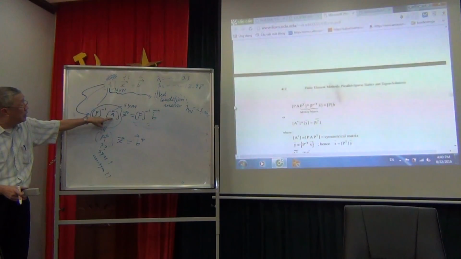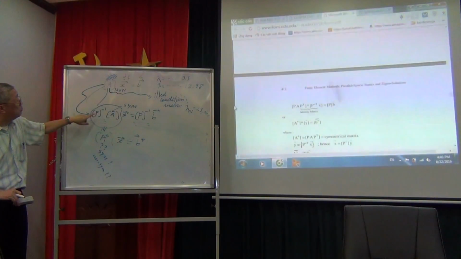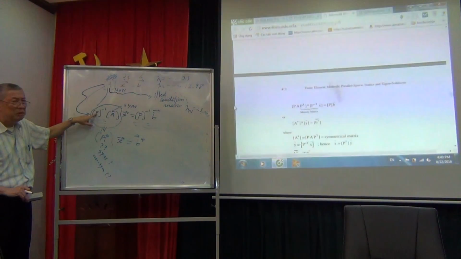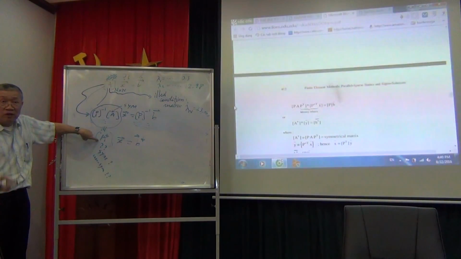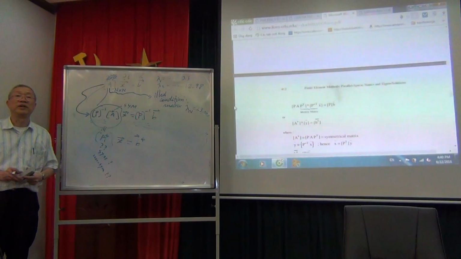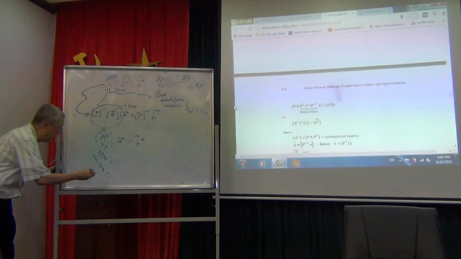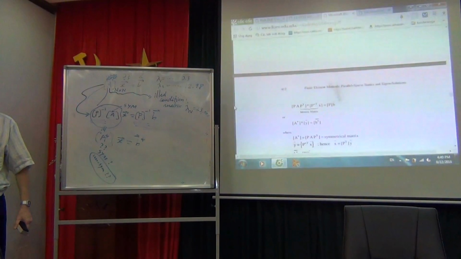The matrix A is symmetric to start with. If you pre-multiply with P inverse, P inverse is a new matrix. So my question is, will this one be symmetric or unsymmetric? It will be unsymmetric in general.